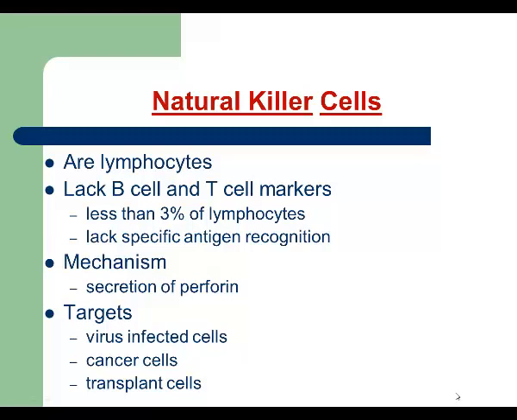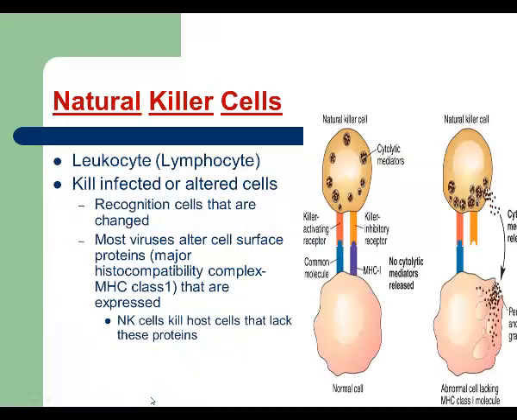And the last one, targets. What are the targets for natural killers? There are three main targets for natural killers. Those are virus-infected cells, cancerous cells or altered cells, and transplanted cells.